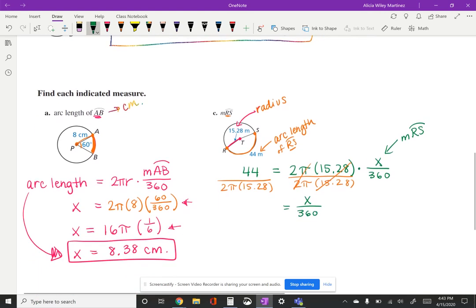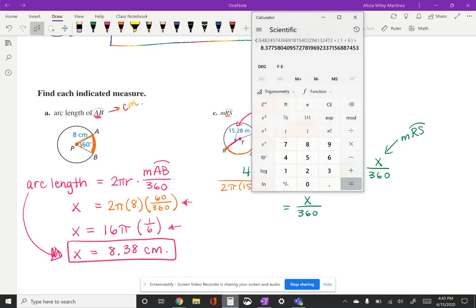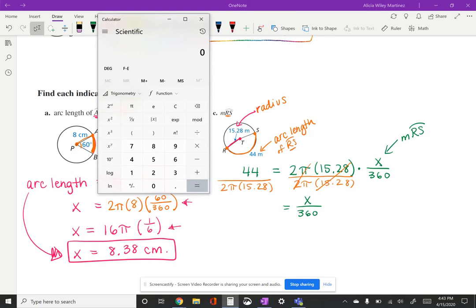So let's figure out what that value is using our calculator, clear it out. I'm going to have to use my parentheses with my calculator because I have a lot going on down here. So I have 44 divided by parenthesis 2 times pi times 15.28, close the parenthesis, equals, and I get 0.458.